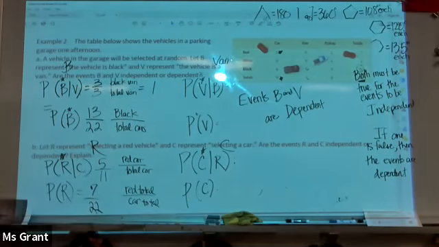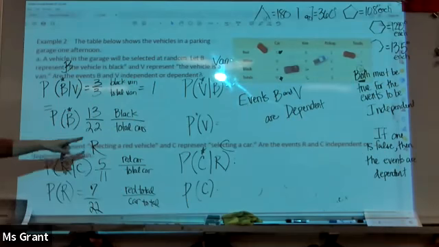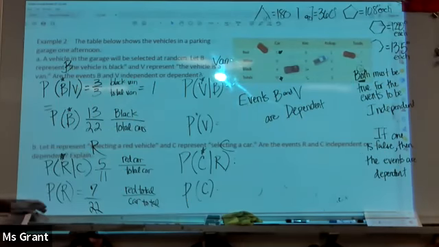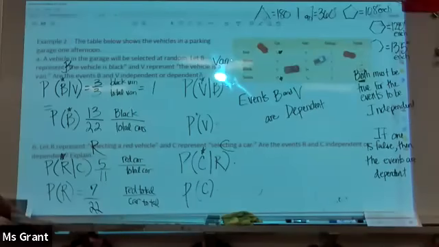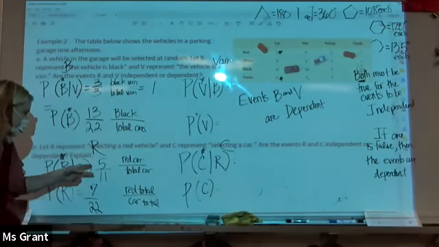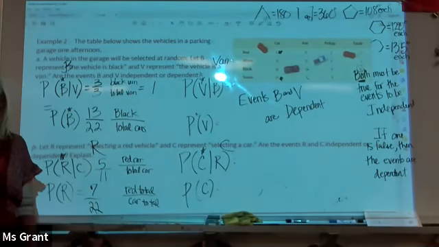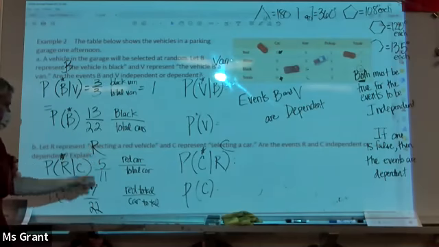Because then we're on our way for it to be an independent event as soon as I check the other. You should see that the probabilities don't match up. 5 over 11, 7 over 22. No, they're not the same.